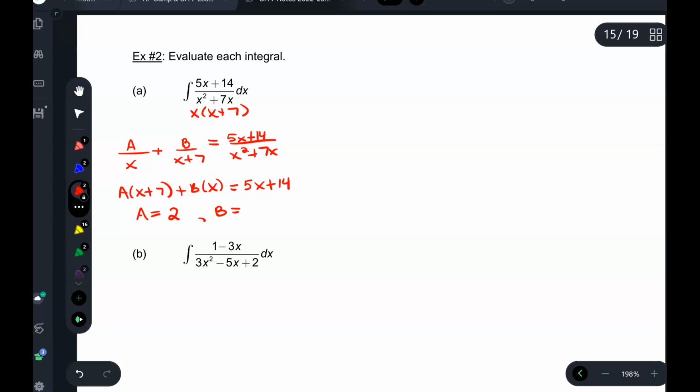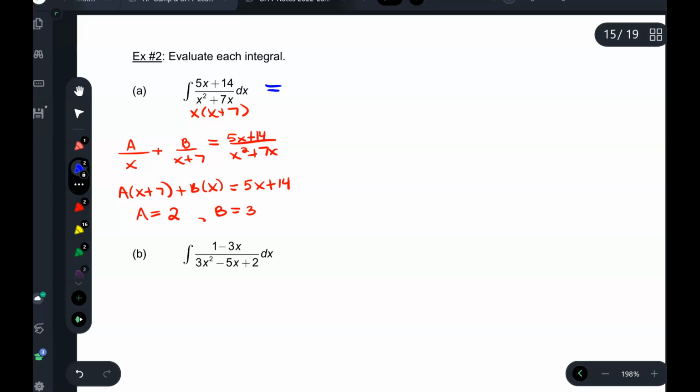And for b, we make x negative 7, so negative 7b equals negative 35 plus 14, which is negative 21. So b is 3. If you need to write it out, that's fine. Write it out.